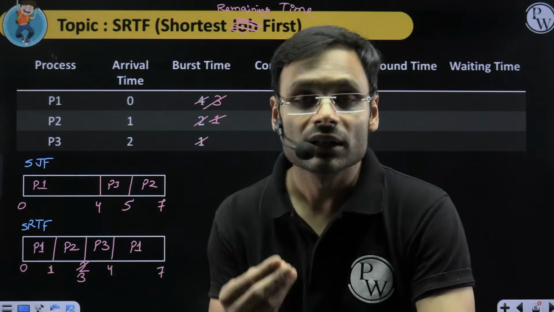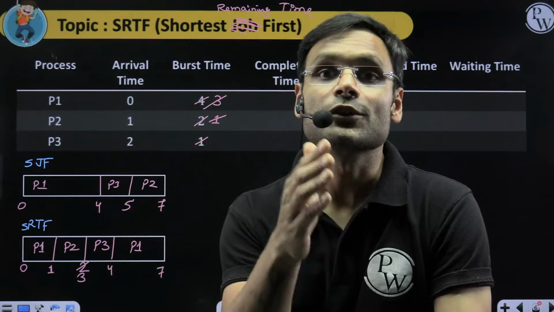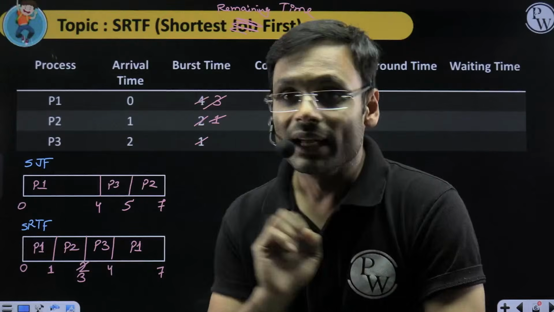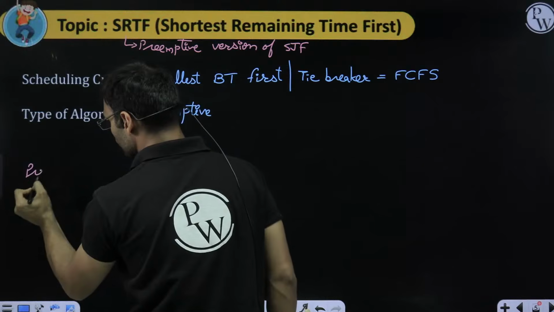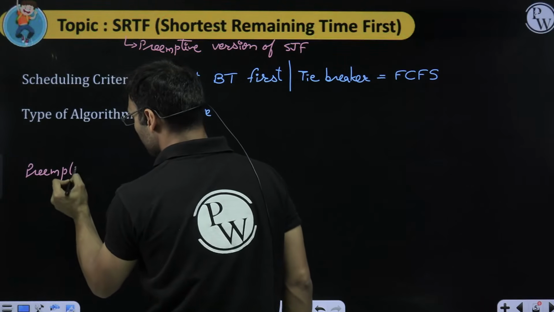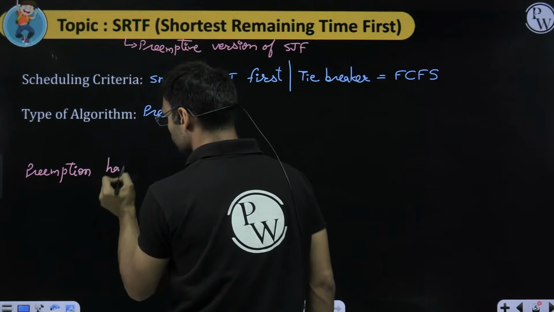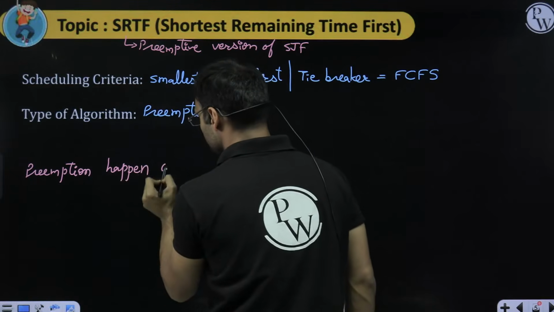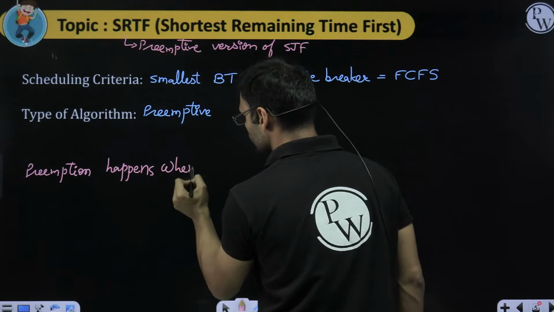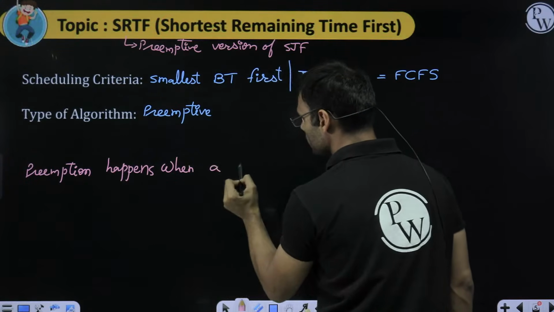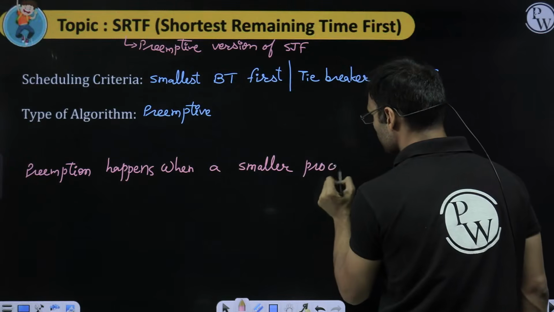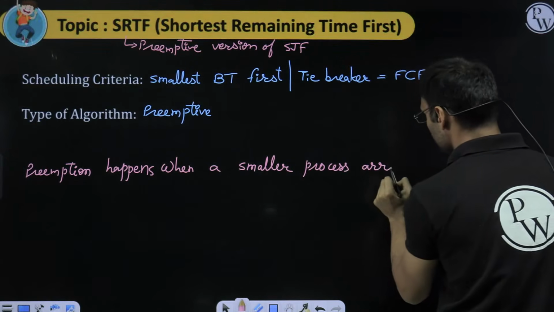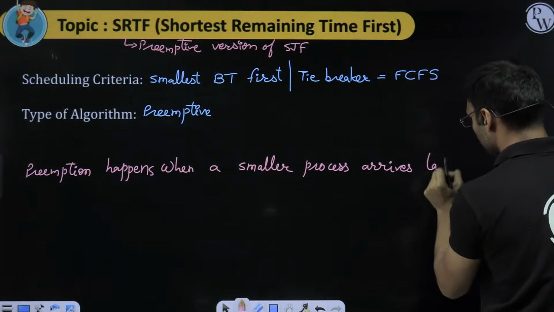Preemption occurs or happens when later on a new process comes with a smaller burst time. In this SRTF, preemption happens when a smaller process arrives later.